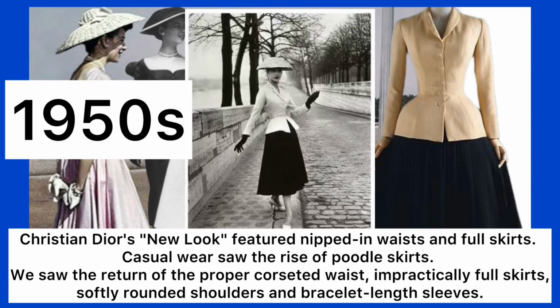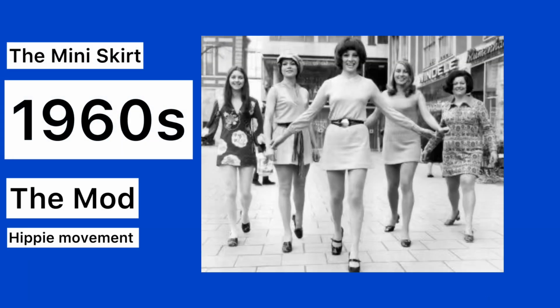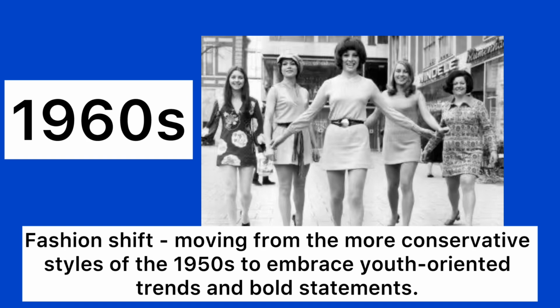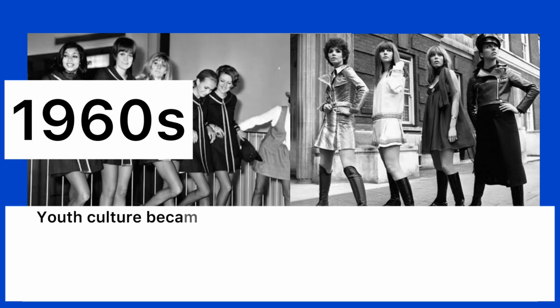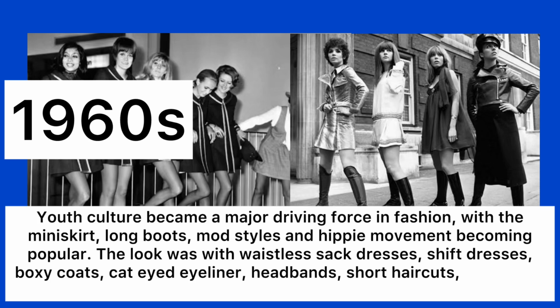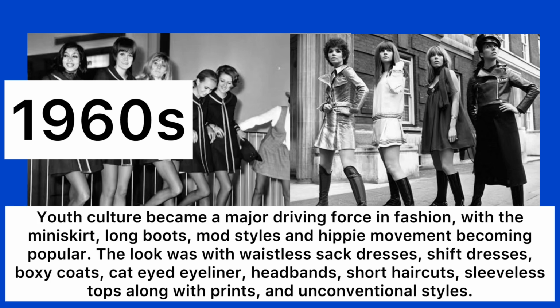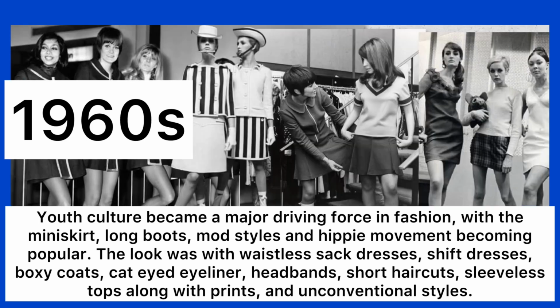And then comes the miniskirt fashion, mod, and the hippie movement. This shift, moving from the more conservative styles of the 50s to embrace youth-oriented trends and bold statements, we can see in the 60s. Youth culture became the major driving force in fashion, with miniskirts, long boots, mod style, and the hippie movement becoming more popular.